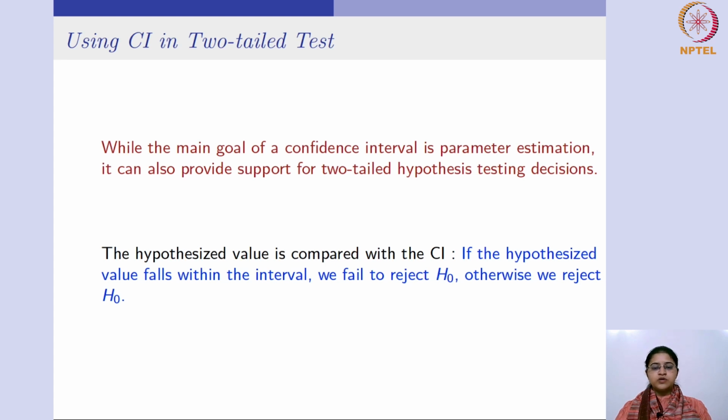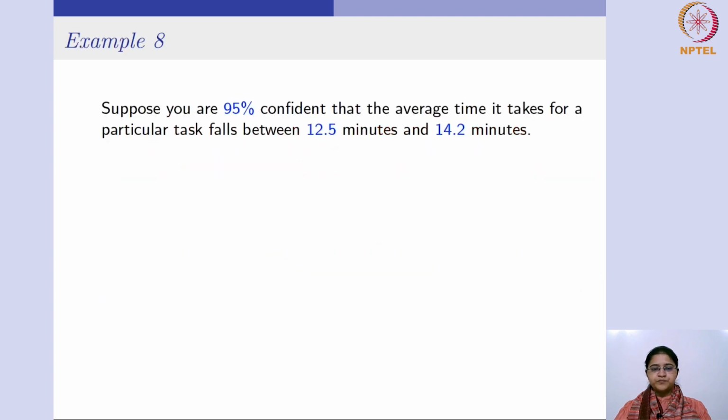So it means that if you have found a confidence interval and you have a two-tailed hypothesis testing claim, and the value in the null hypothesis falls within the interval, you would say that you cannot reject it. So let us see an example to understand it in a better way.